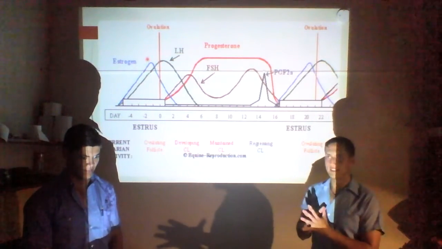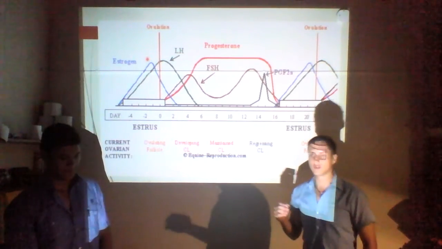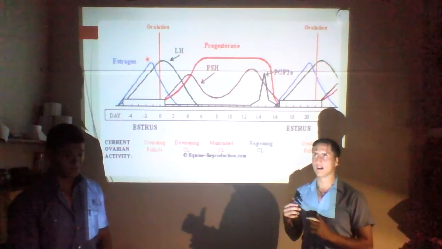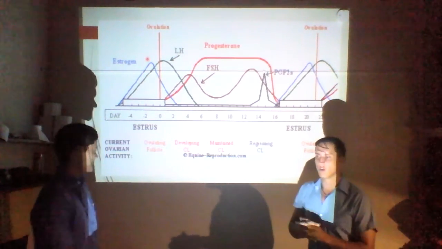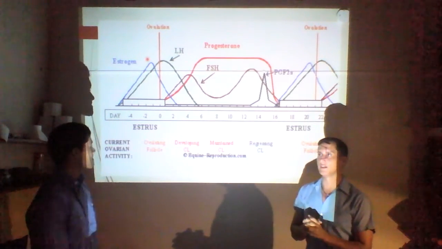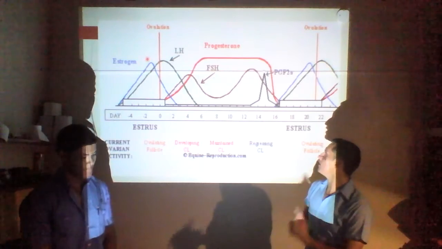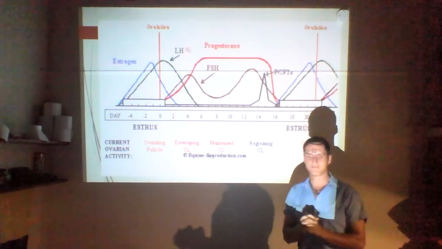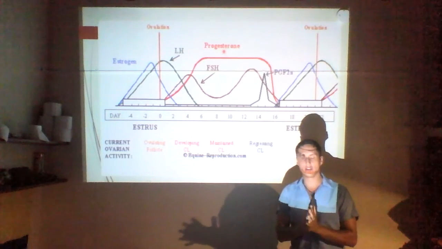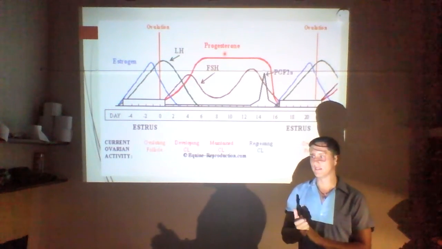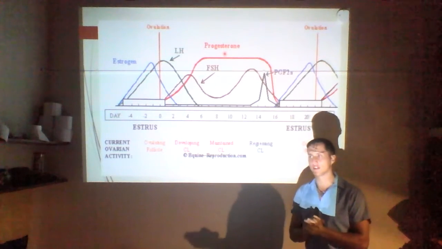Then the luteinizing hormone acts on this yellow body and makes it a corpus luteum. This corpus luteum starts to produce progesterone, or P4, and this hormone is really important to maintain the pregnancy of the cow.